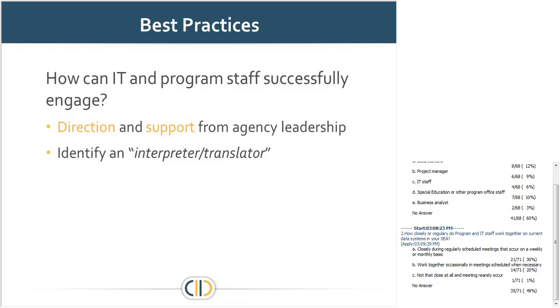And so having someone that either has experience in both the IT and the program areas that can lend a hand in interpreting and translating what is being said, or someone who can actually facilitate the discussion so that whenever references that are not understood by both areas are used, they will bring the discussion back around and help everyone understand what that means.